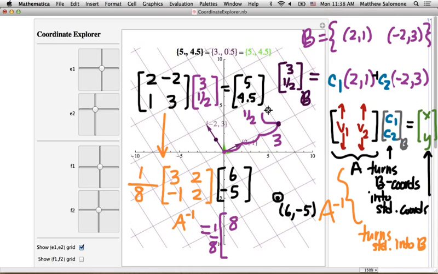So if I choose the point 6, negative 5 and then multiply by this inverse, then the first entry is going to be 8, which I'm going to multiply by that 1/8 at the end. My second entry is negative 6 minus 10, so that's minus 16. And then 1/8 times that vector is going to give me 1, negative 2.